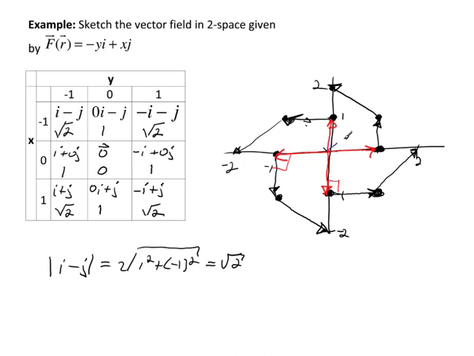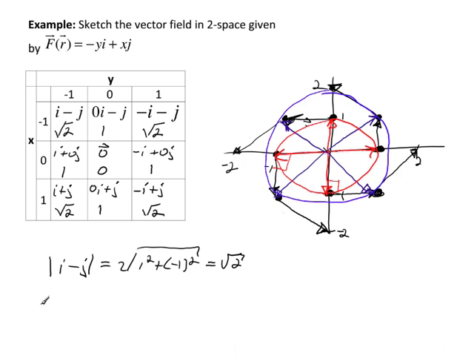Well, here's r coming out here. This has length 2. This one has length 2. This one has length 2. And this one has length 2. What this appears to be is concentric circles. It looks like I've got this circular thing going on here. And all of these vectors are orthogonal to the circle.